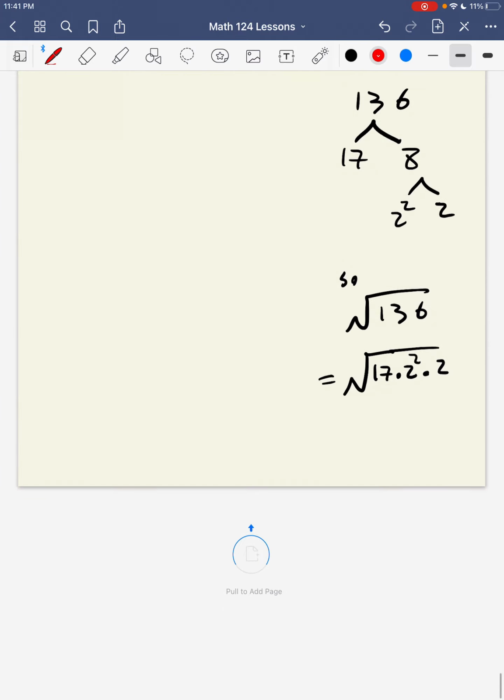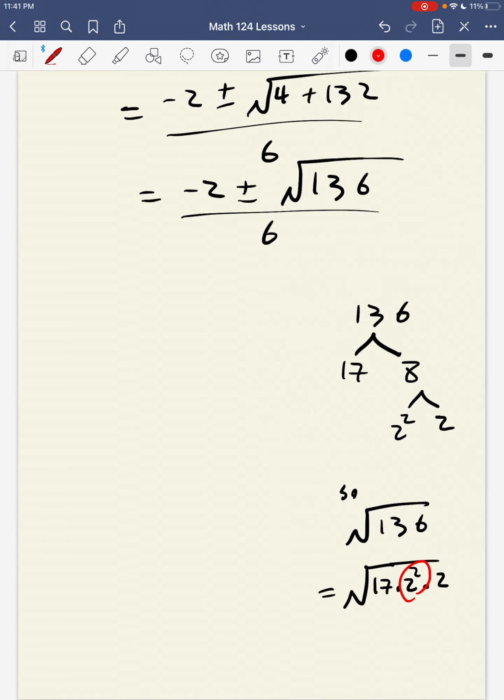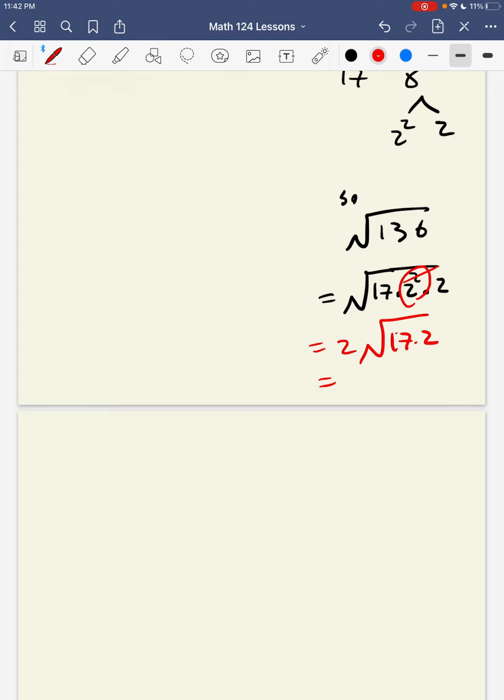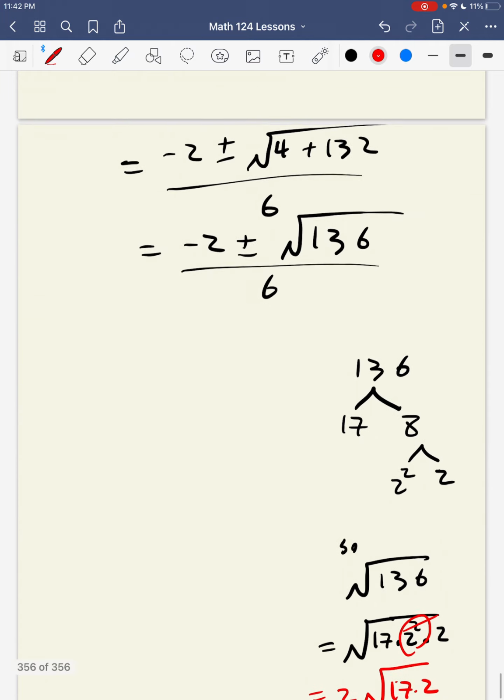Now, the reason I wrote it like this is because we have 2 squared and we have a square root. So really, that will cancel. We could pull that 2 out, and we just have 2 times square root 17 times 2. Now 17 is a prime number, so we can't really do anything anymore, so I have to leave it alone. 2 square root 34.